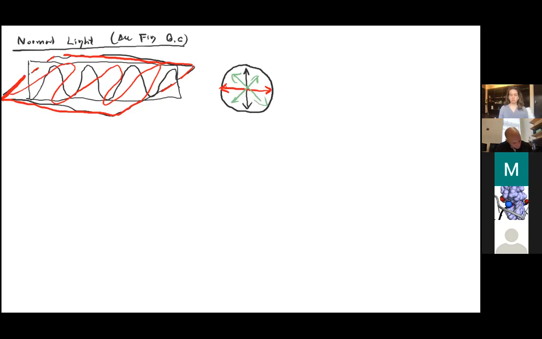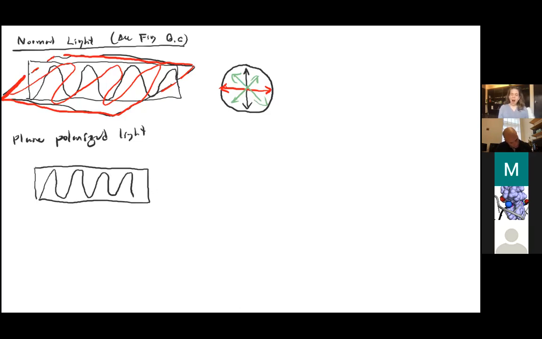So this one's much easier to show. If I take light that's unpolarized and pass it through a very, very narrow vertical slot, what would emerge would be light that is plane polarized, so only oscillating in one direction. And I can represent that here in 2 dimensions and then with the cross section on the right.